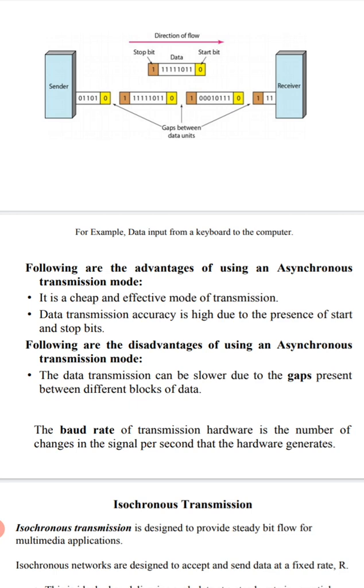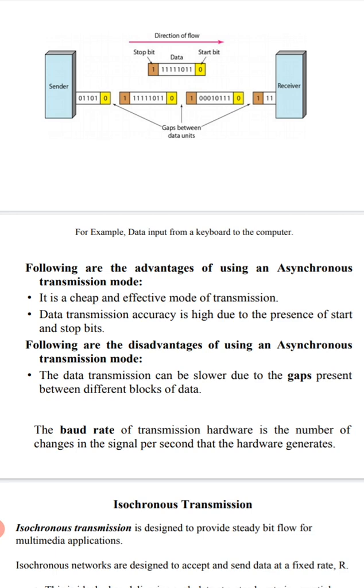Then what are the advantages of asynchronous transmission? First one, it is a cheap and effective mode of transmission. Next one, data transmission accuracy is high due to the presence of start and stop bits. Then the disadvantage is data transmission can be slower due to the gap present between different blocks of data.